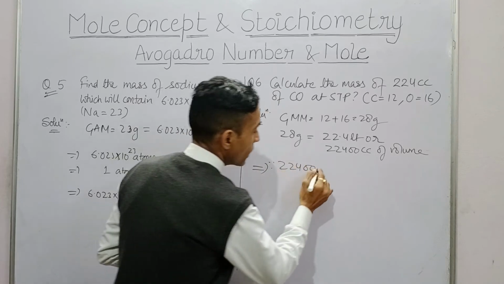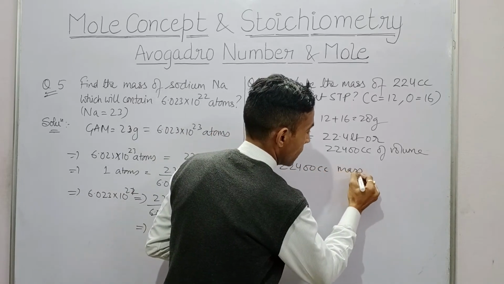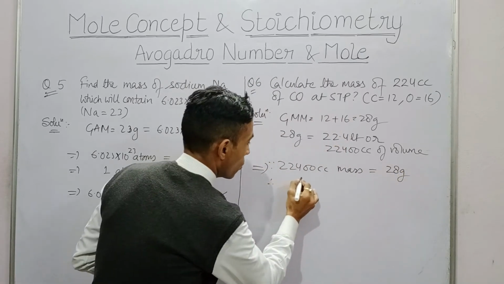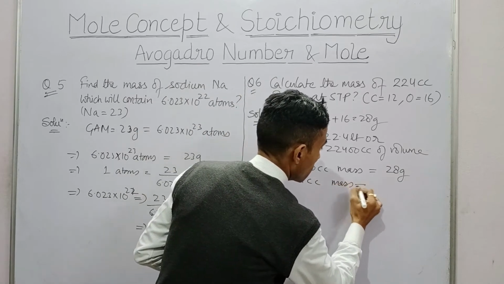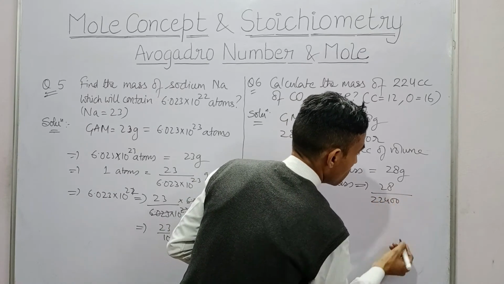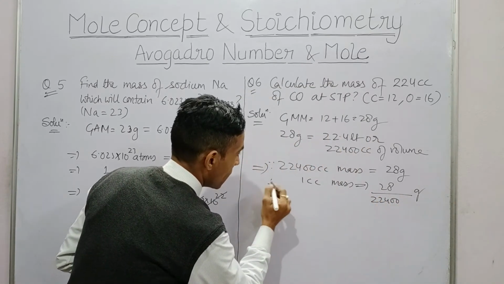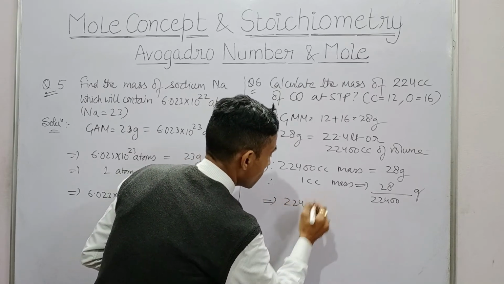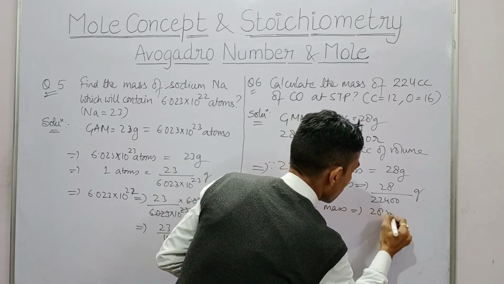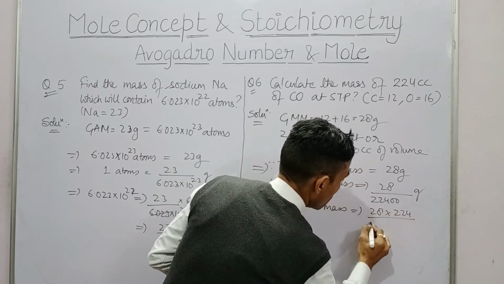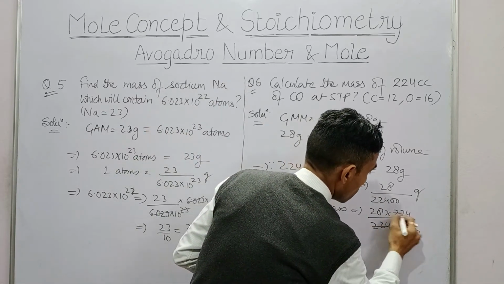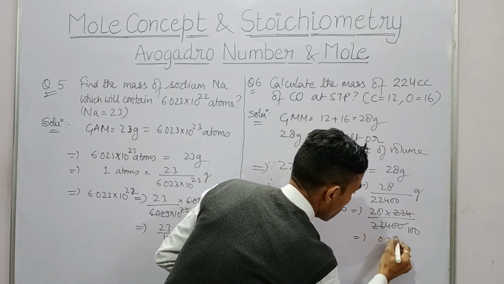Since 22,400 cc mass at STP is 28 gram, therefore 1 cc mass will be 28 upon 22,400, and this implies that 224 cc mass will be 28 into 224 upon 22400. Let's cancel this and our answer is 0.28 gram.